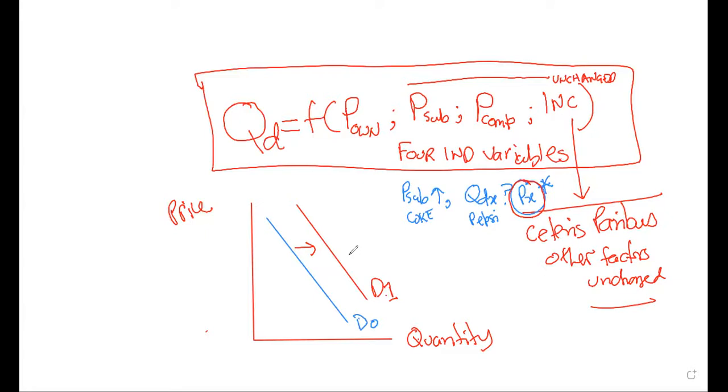So, a rightward shift. The reverse will also happen if our demand for Pepsi falls due to an external reason other than Pepsi's own price, such that Pepsi becomes less attractive. Then horizontally that will be a leftward shift. Is that clear?